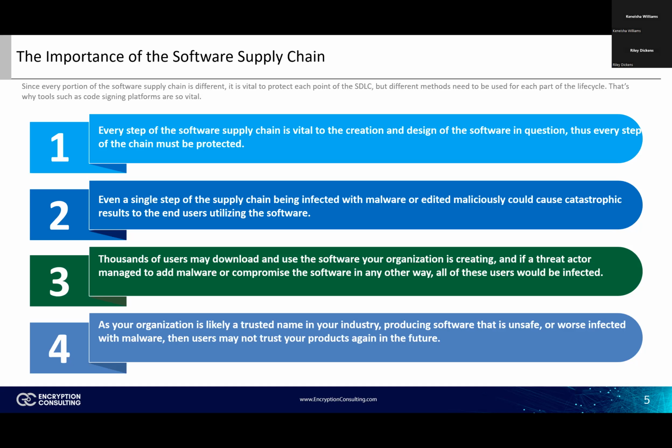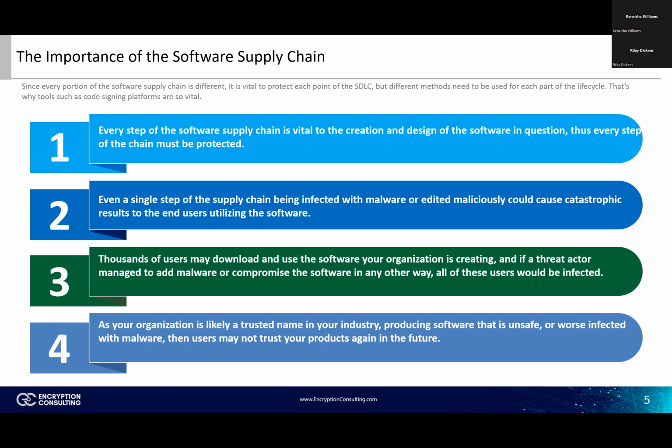Or even worse, you're putting out software in your organization's name, and you're likely a trusted name in your industry. Well, by introducing software that has malware within it, you're, A, hurting users by infecting them with malware, and B, ruining your own reputation, where they may see your name in the future and say, oh, last time I used their software, downloaded code from them, it infected my computer, and I lost a lot of different things, and now we don't trust your organization.